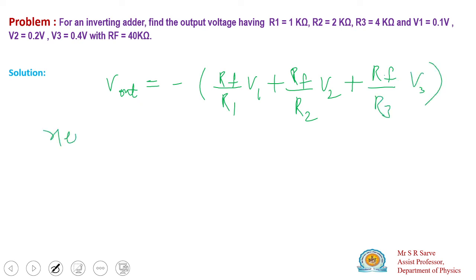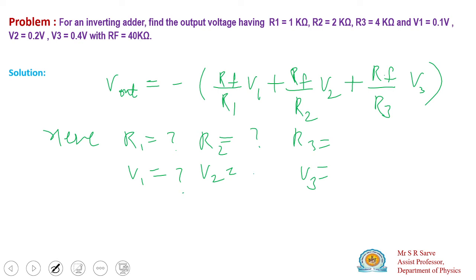Substitute the values of R1, R2, R3, V1, V2 and V3, and then calculate the output. But the output will be minus.